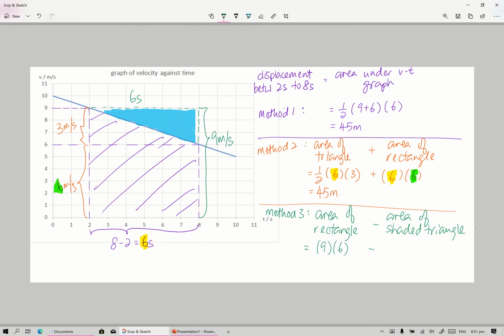Area of shaded triangle will be half base times height.